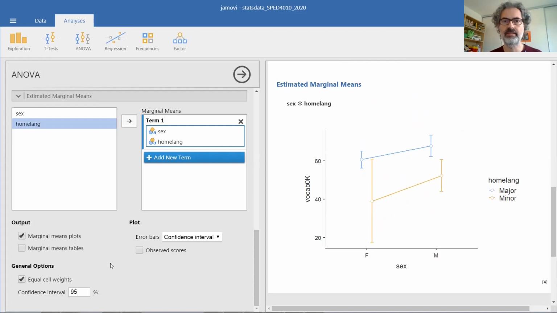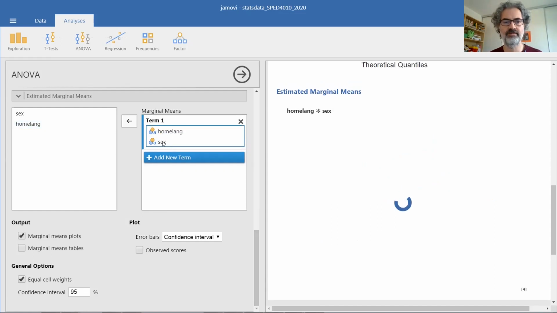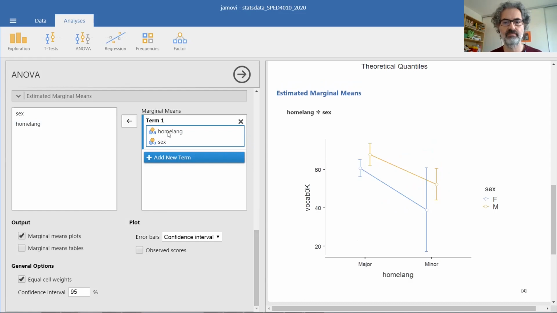If I wanted the opposite, to have home language on the axis and two different lines for the boys and girls, I would have to change the order of these variables in the specification. So the first one goes on the x-axis, the second one goes in different lines.